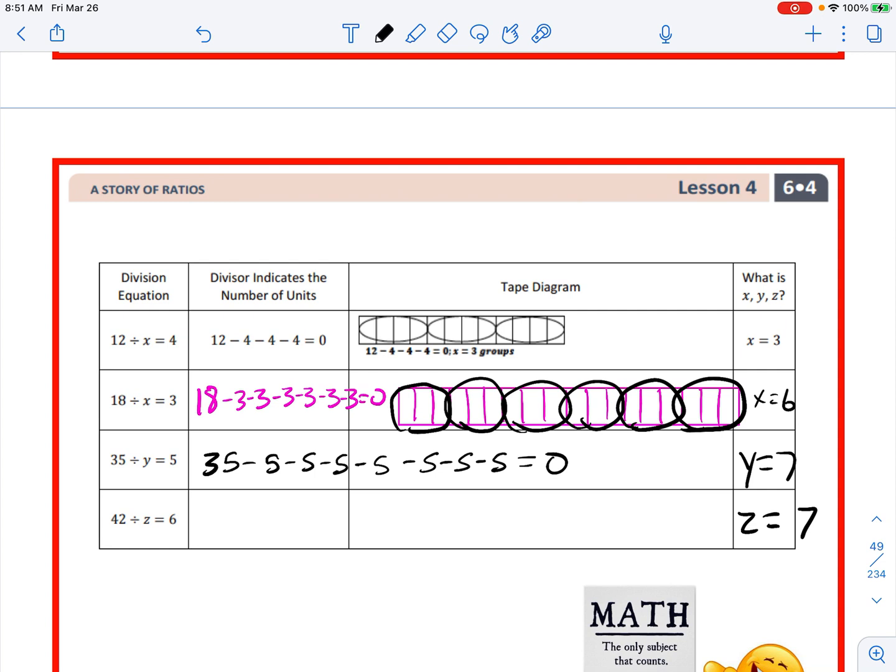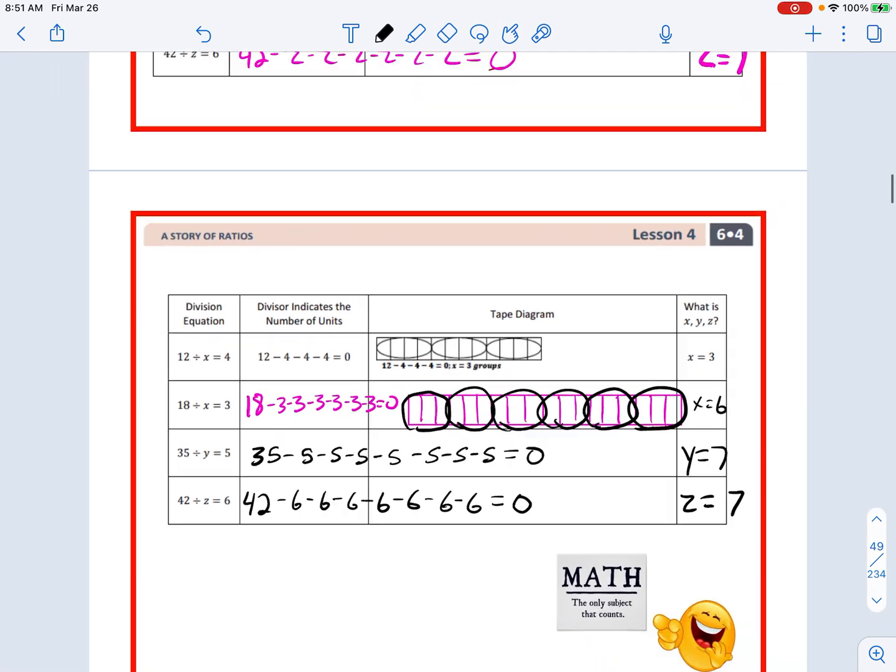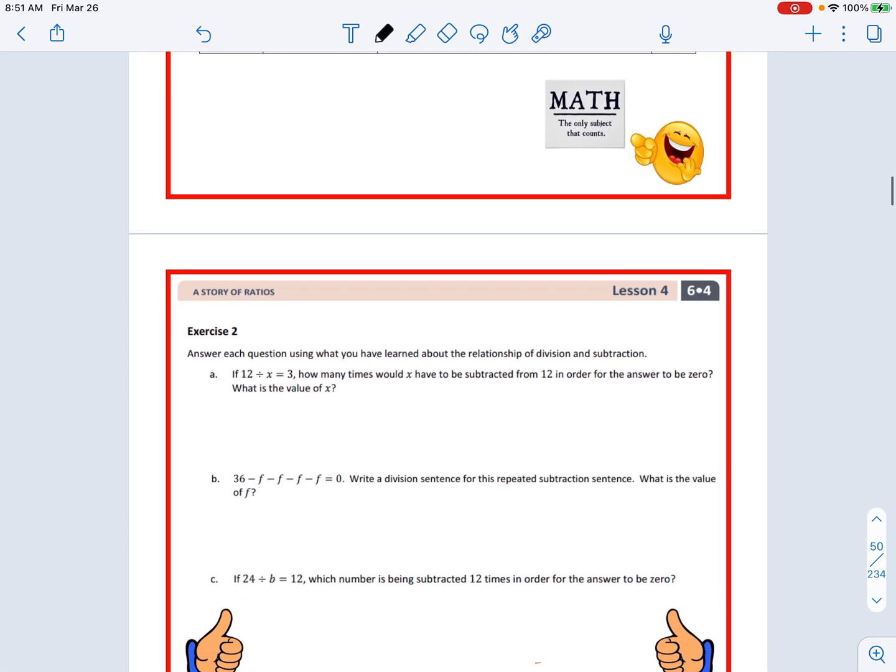So that means we have to subtract 6 from 42 7 times. So this is going to be 42 minus 6, minus 6, minus 6, minus 6, minus 6, minus 6, minus 6 equals 0. Okay, I'm not going to make you do a tape diagram with 42 units. All right, guys, I hope that's making sense.